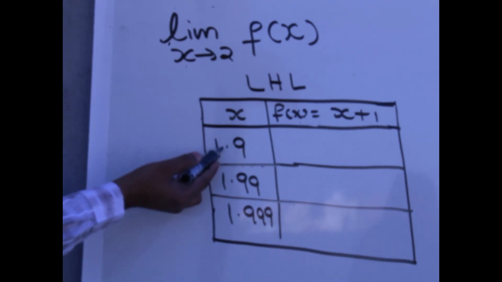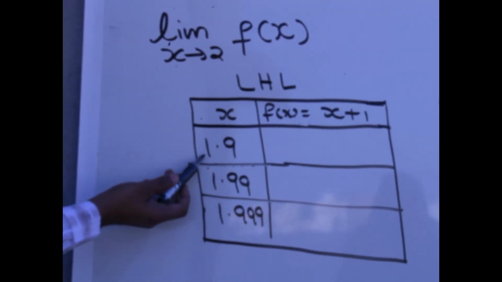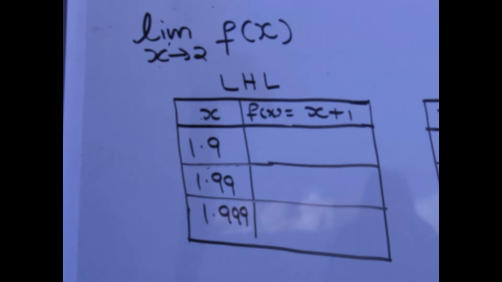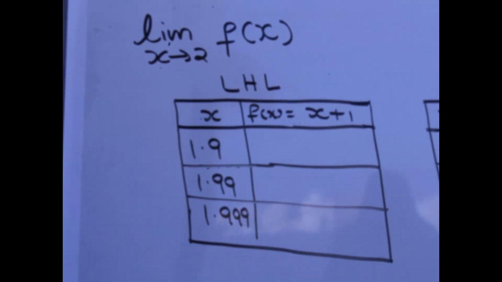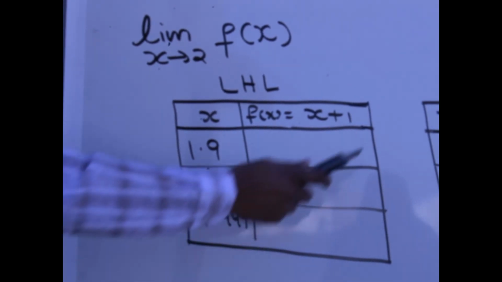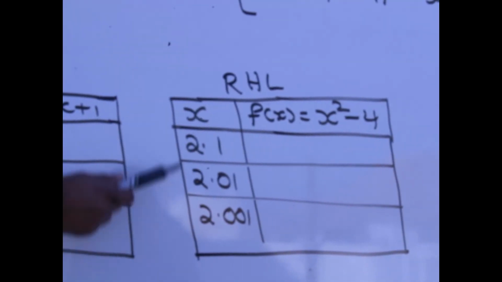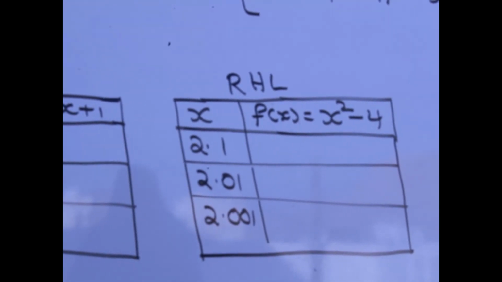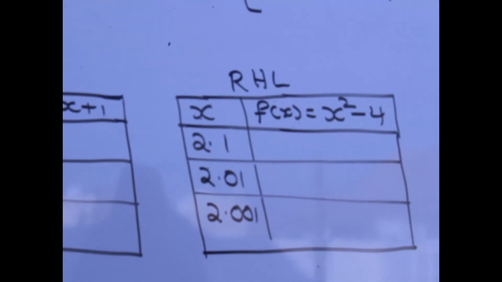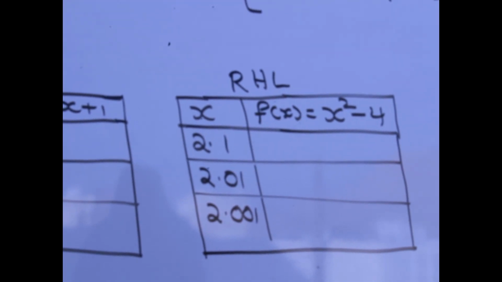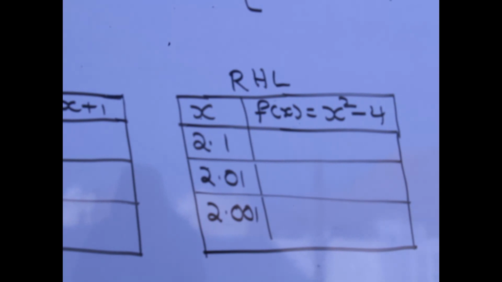You can see the column of this table: 1.9, 1.99, 1.999. These are very close to the number 2 but less than 2. For the RHL, I am taking x values 2.1, 2.01, 2.001, which are very close to 2 but greater than 2.